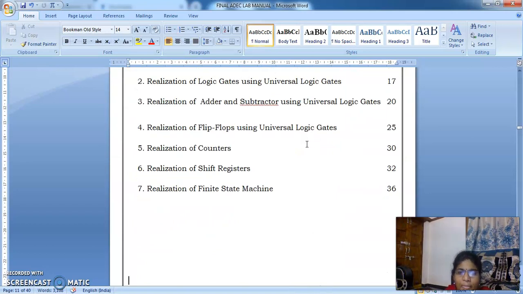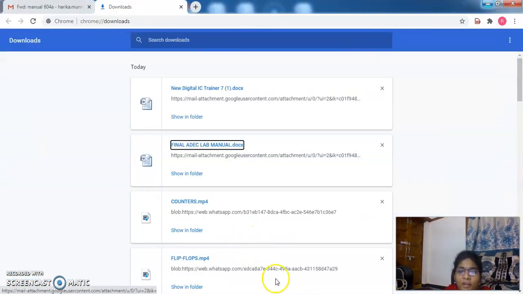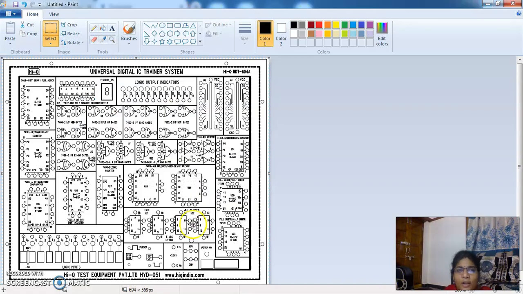Now first I will show how our kit will look like. In our lab I said that we have kits to perform these 6 experiments. So our kit will look like this. See here, for each and every experiment we need to give the inputs. For example, come to the half adder experiment.